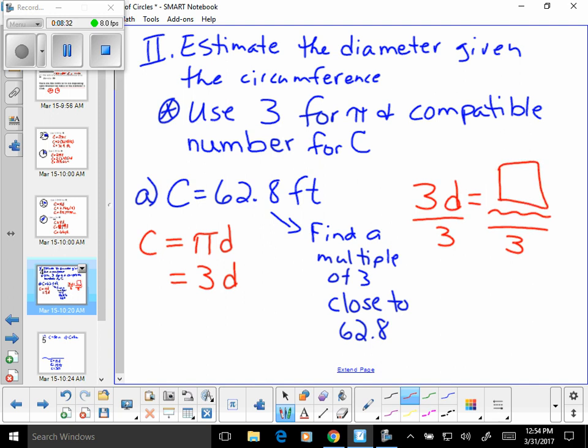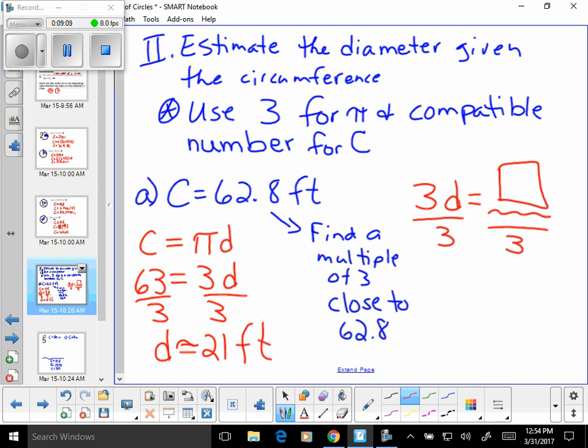Therefore, this number up here, we want to have a dividend that's pretty easy to divide by 3, which is why I say take this 62.8 and figure out what multiple of 3 is really, really close to 62.8. Now we know that 60 is divisible by 3, but 63 is also a multiple of 3, and it's closer to 62.8. So I'm going to use 63 in there. Now I can divide both sides by 3, and d will equal 21 feet.